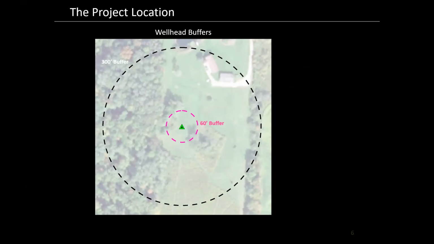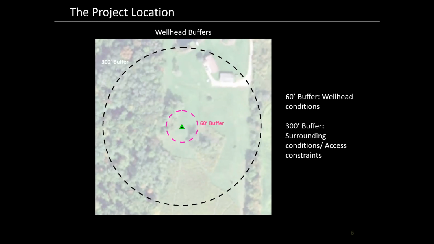So this will allow the pipeline operator to get a snapshot of what type of vegetation is within the 60-foot buffer and what type of vegetation management plans they need to develop to either trim back trees or remove trees and scrub. So the 60-foot buffer is what they're concerned with, and they're trying to develop plans to remove any troublesome vegetation.